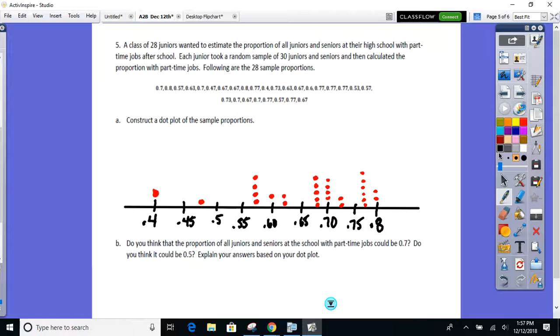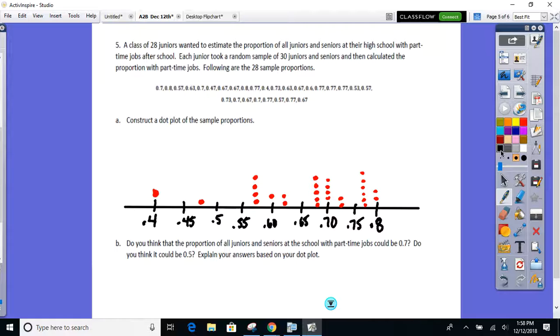How's our plots look? Looking good? Everyone good with their plots?